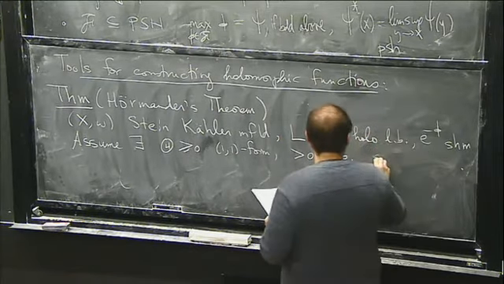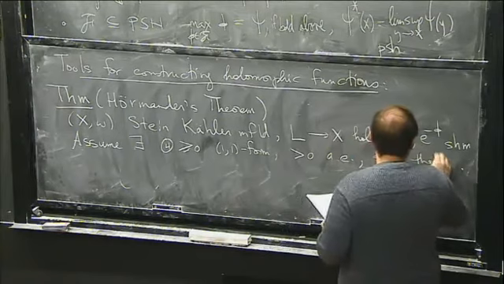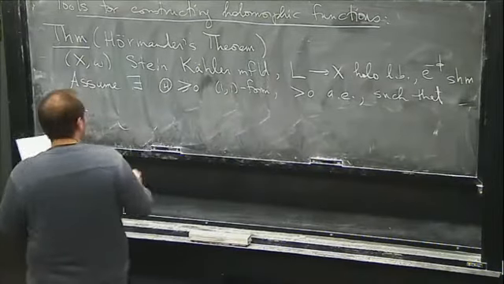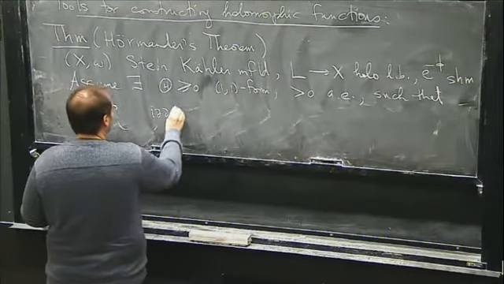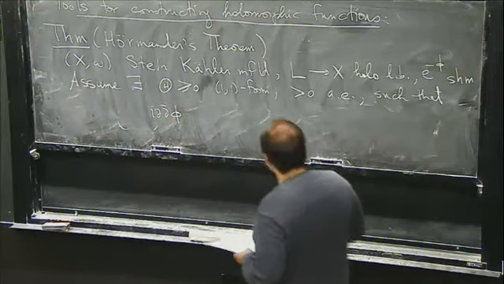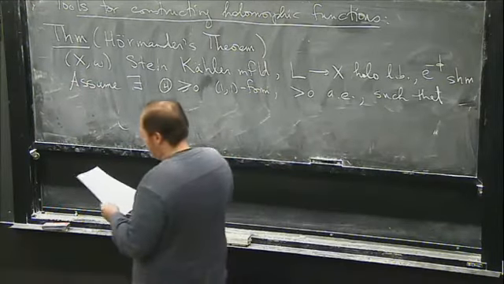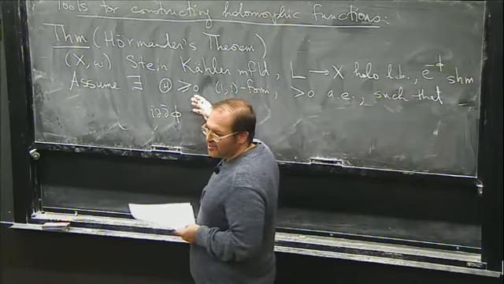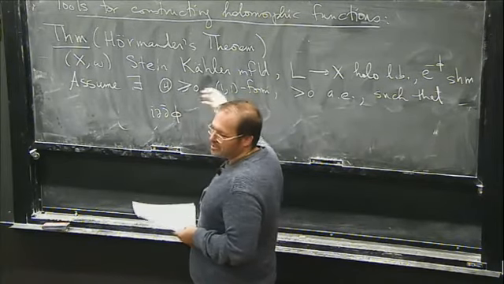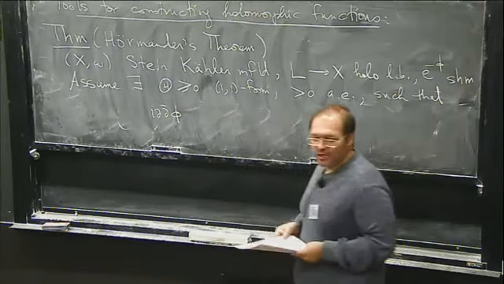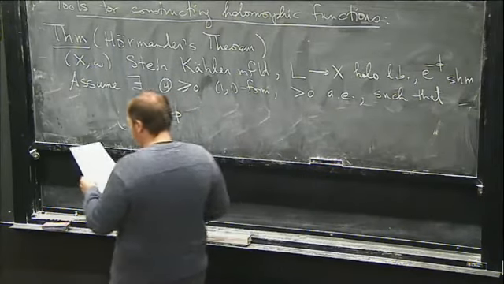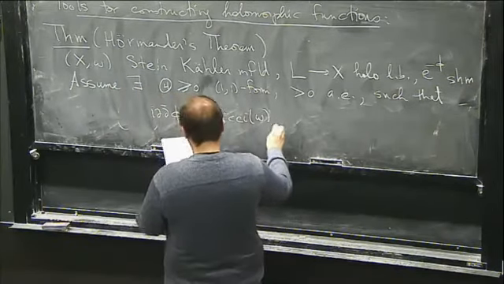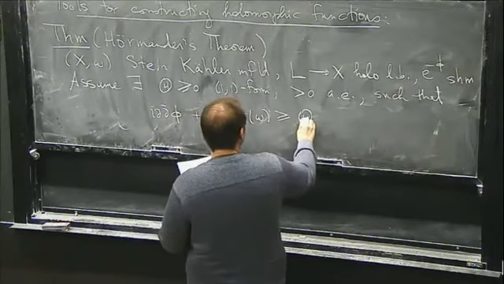If you like, you can think that it's bigger than 0. It's good enough for most applications. Smooth, yeah, an honest smooth form. Or at least not a current. So it could be not smooth, but it shouldn't be a current in the sense that when you integrate it against some forms, it shouldn't differentiate them. So a measure-like object. But let's say smooth. Such that i dd bar phi plus the Ricci curvature of omega should be greater than or equal to this smooth form theta.